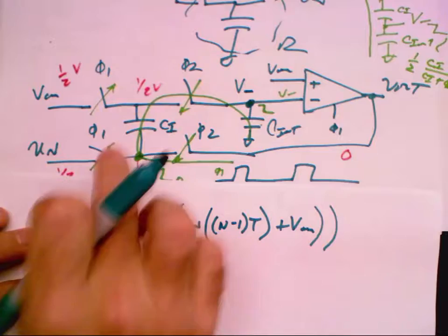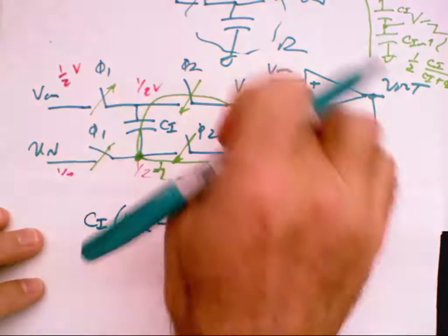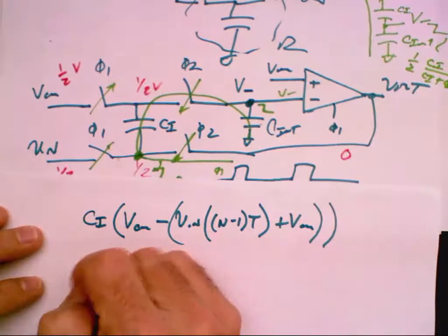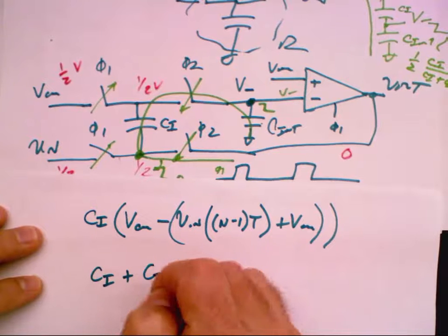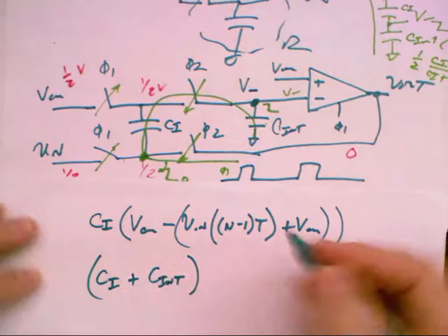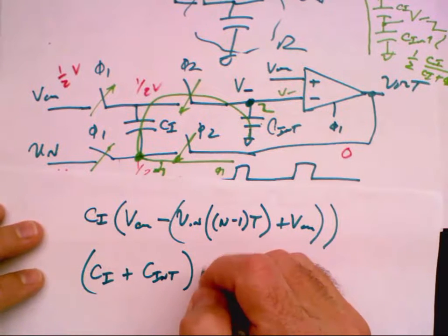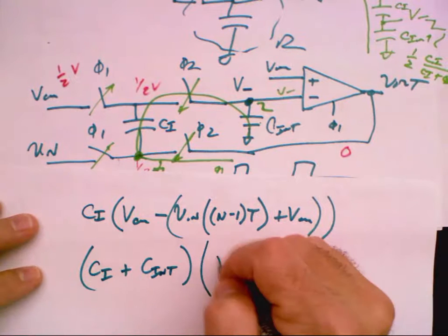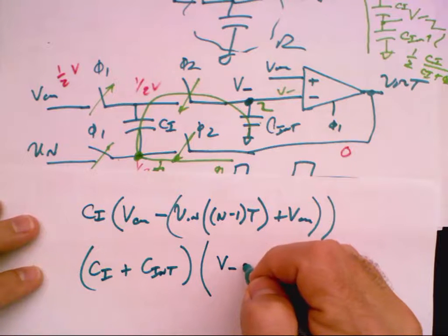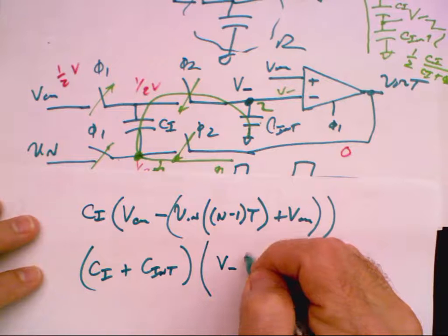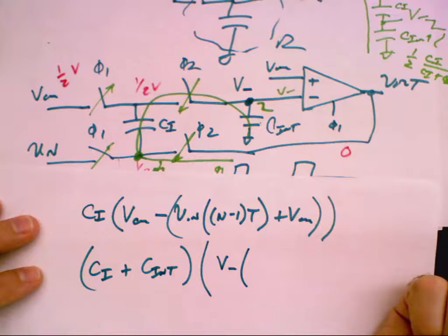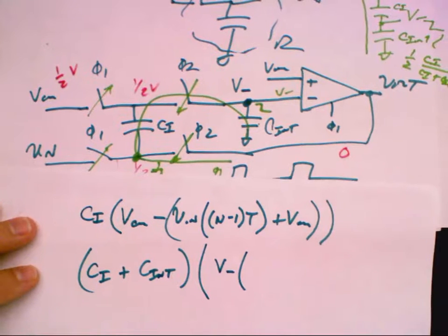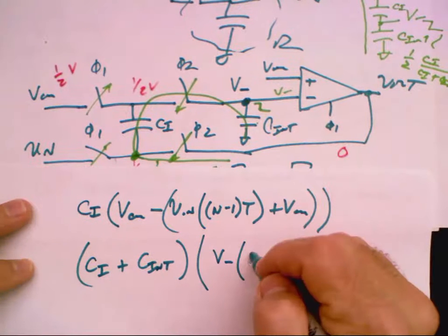Okay, so then when this opens, I get the following. I get Ci plus C int times V minus of what?